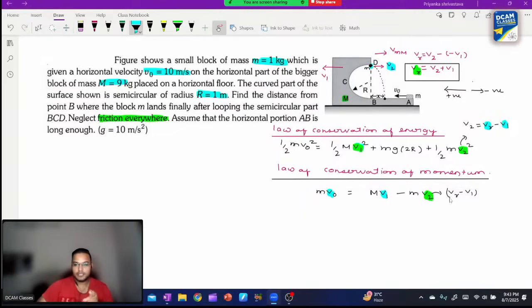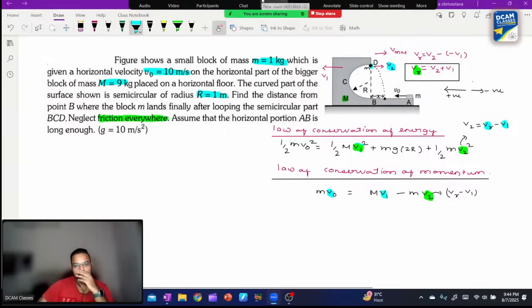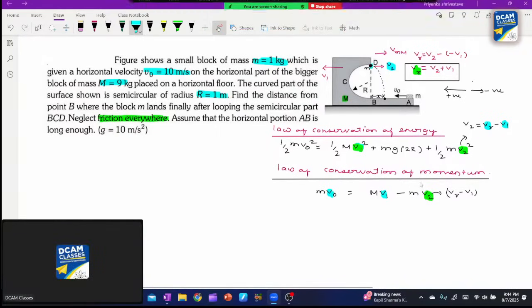If then also something is missing, use circular motion. The velocity VR that you will be getting will be 7.5.